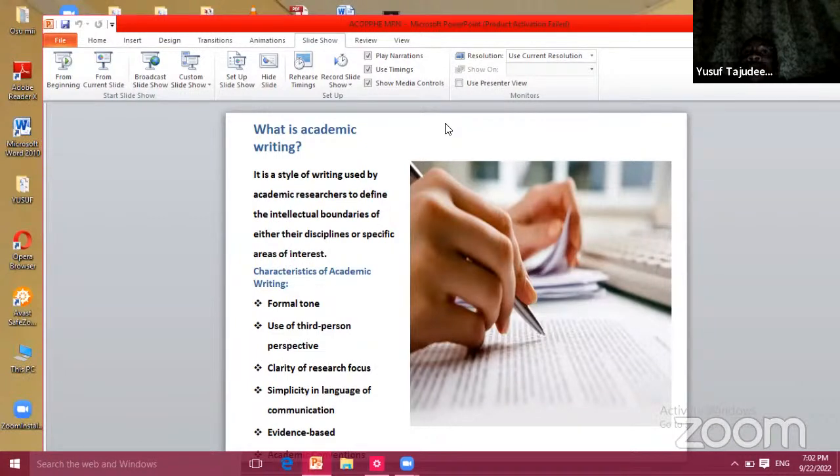But if you are a non-native speaker, you can send it to an English editor, who will help you in editing the manuscript. Then after that, you can submit it. So that is all about editing.